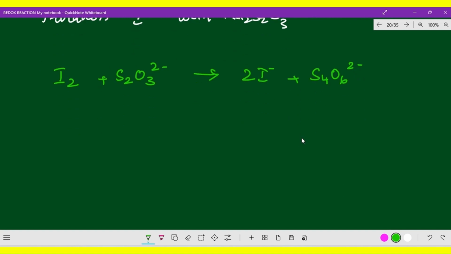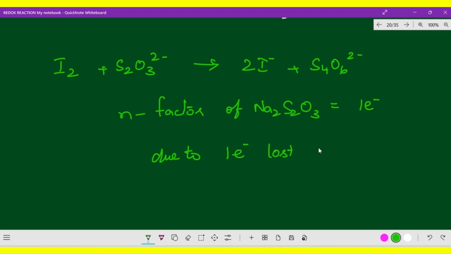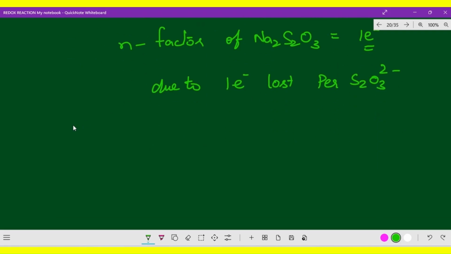Now the N factor of Na2S2O3: how much here? It is 1 electron only. Why, you know? Because it lost 1 electron only per S2O3 compound, so here it is due to 1 electron lost per S2O3 2 minus. That is 1 electron. Right. Now here, molarity, first and foremost I would like to mention here normality.